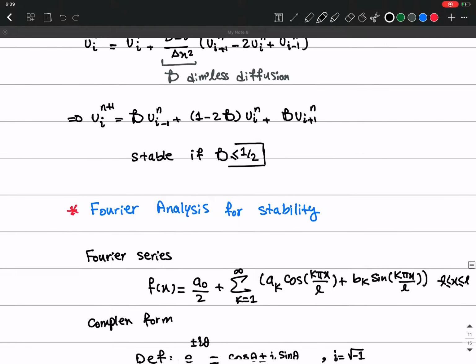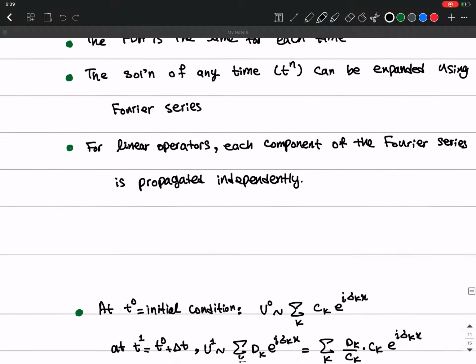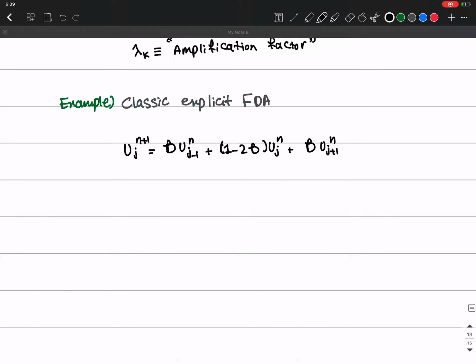I want to show this stability criteria using this Fourier analysis. This was something we just mentioned without any proof, but now I want to find it here. So u_j^n is u at x_j and t_n, correct?